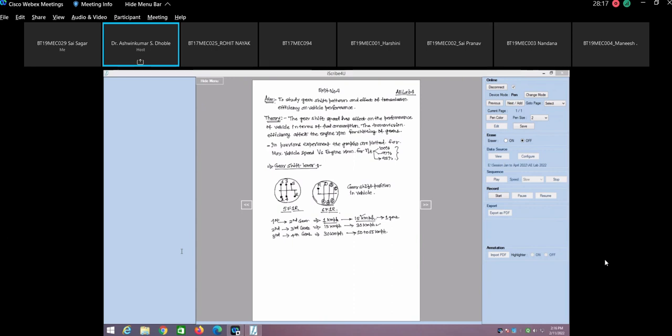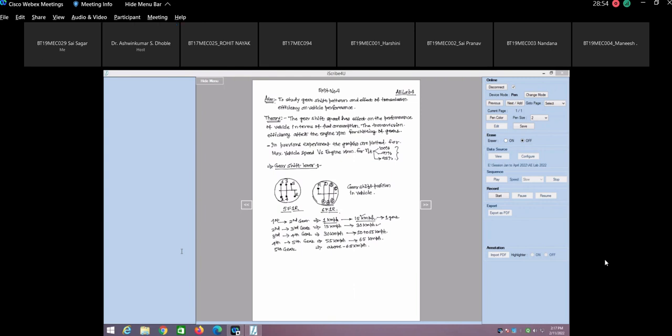Then from fourth to fifth gear, you shift almost from 55 kmph to, let us say, 65 kmph, and then from fifth gear onwards you drive above 65 kilometers per hour.